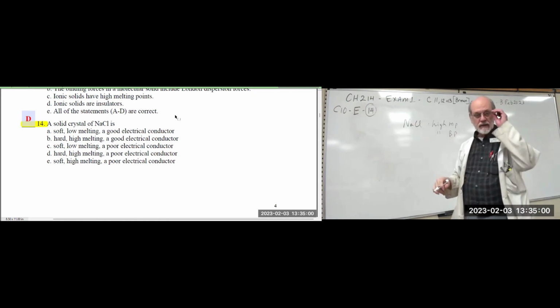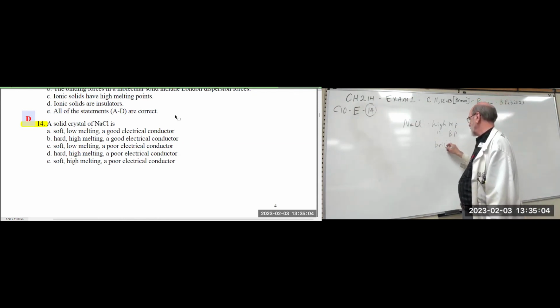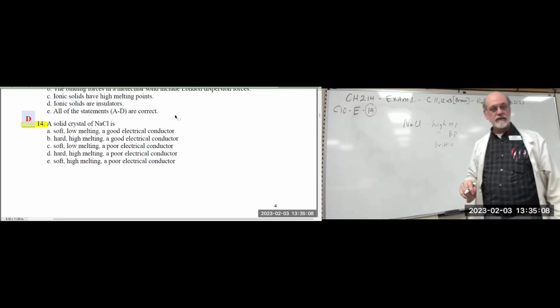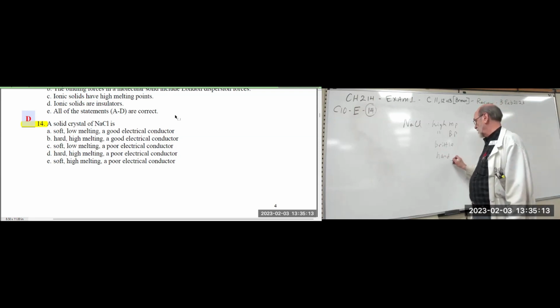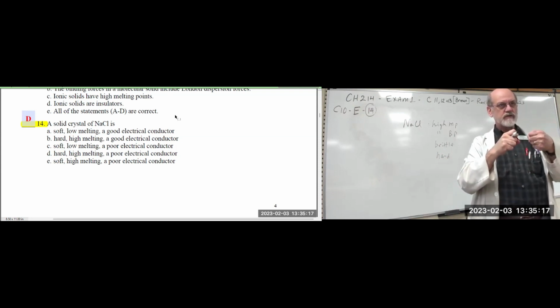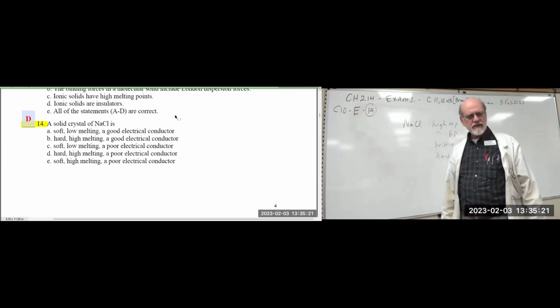We know that. It's going to be brittle. All ionic compounds are brittle. It's going to be hard. It's going to be very hard because those cations and anions are locked in that structure. Can't move them easily. So let's see which one fits.